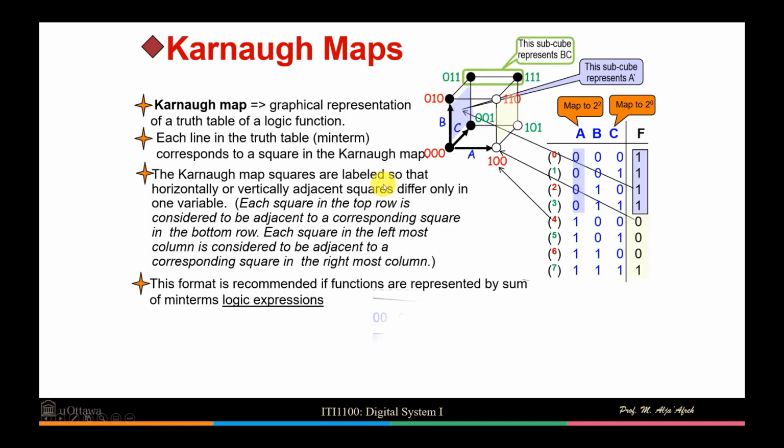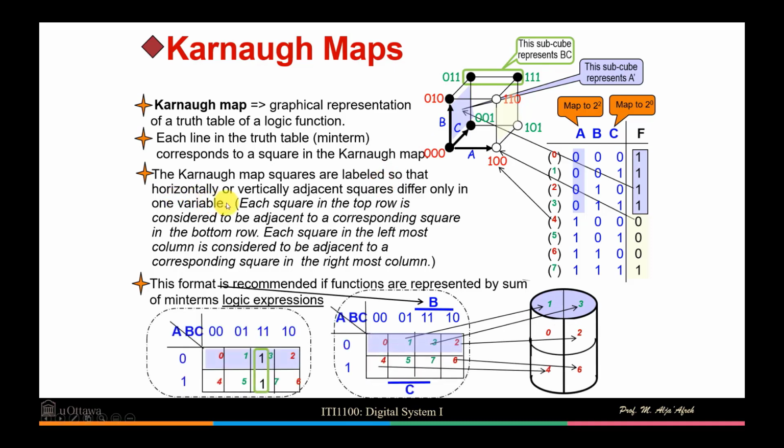So at your level, guys, the Karnaugh map can be simply represented by squares of maps that are labeled so that horizontally or vertically adjacent squares differ only in one variable. Here we have 3 variables, so we're going to have a rectangle, and that rectangle can be labeled by rows and columns. I choose the most significant bit, A, to represent the row, whereas B and C are used to label the columns, okay?